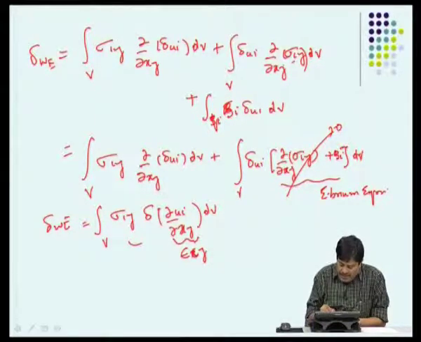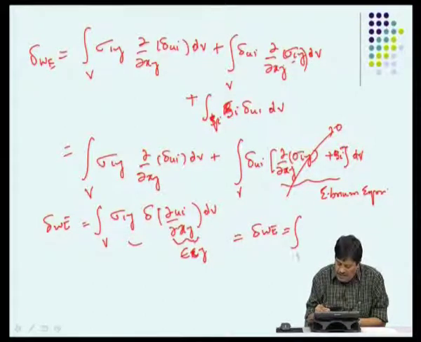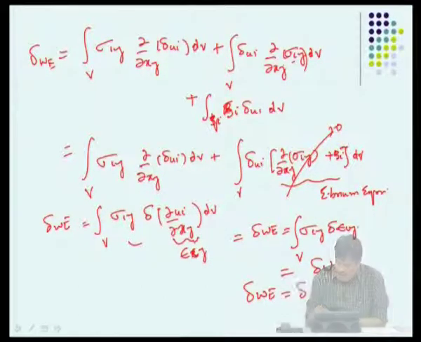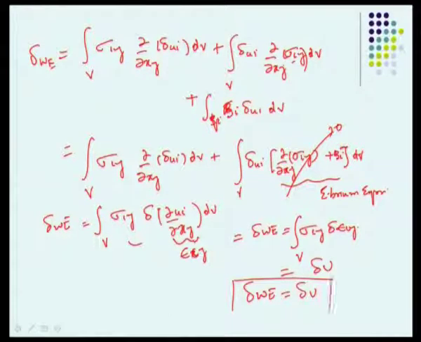So, we can write delta WE is equal to integral over the volume sigma ij into delta of epsilon ij, which is nothing but delta u. So, we have proved that delta WE is equal to delta u. This is a fundamental principle by which we need to do this.